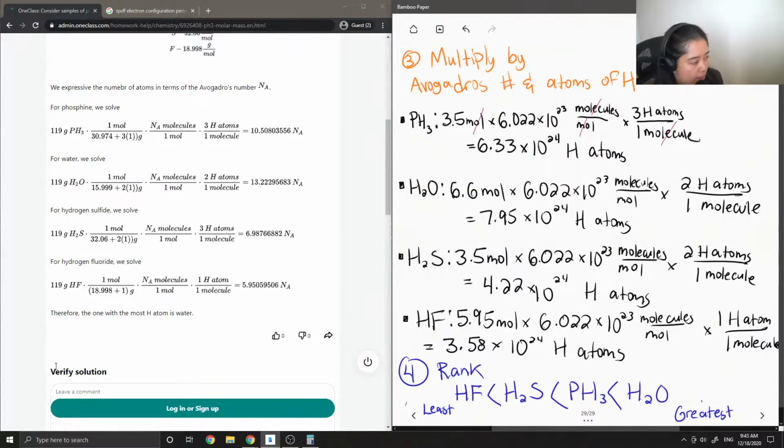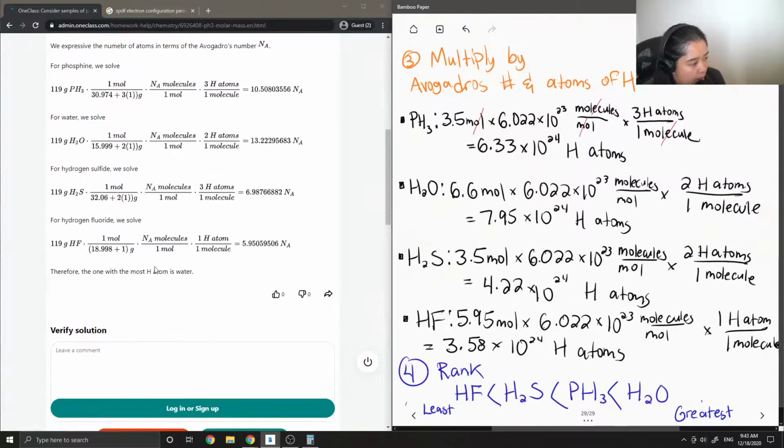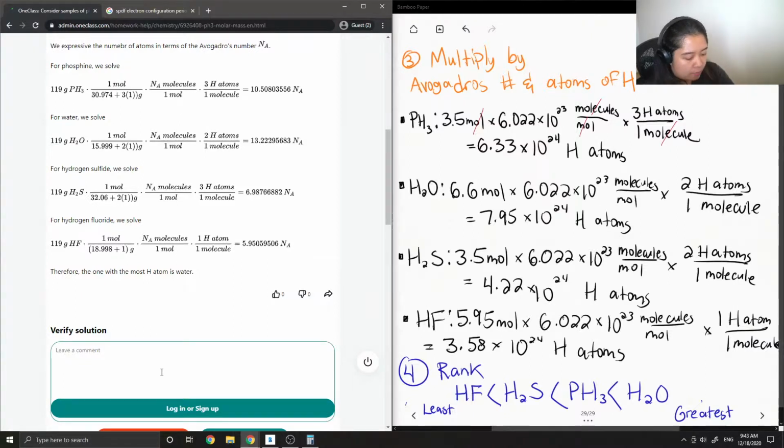And then lastly, hydrogen fluoride, 119 divided by 18.998 times 1. Yep, so this solution is correct.